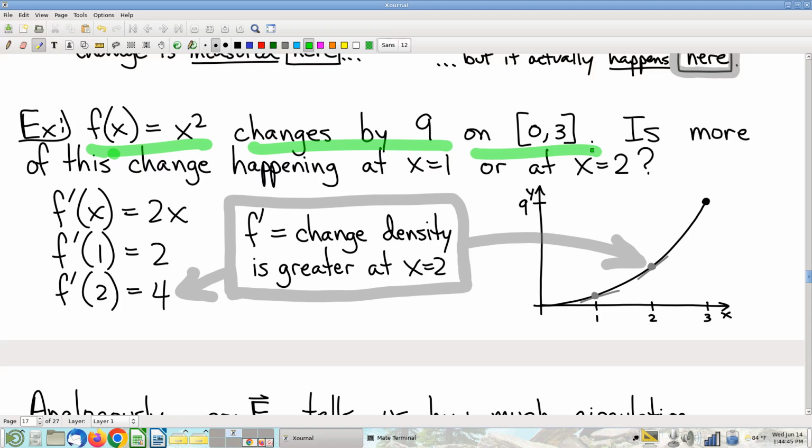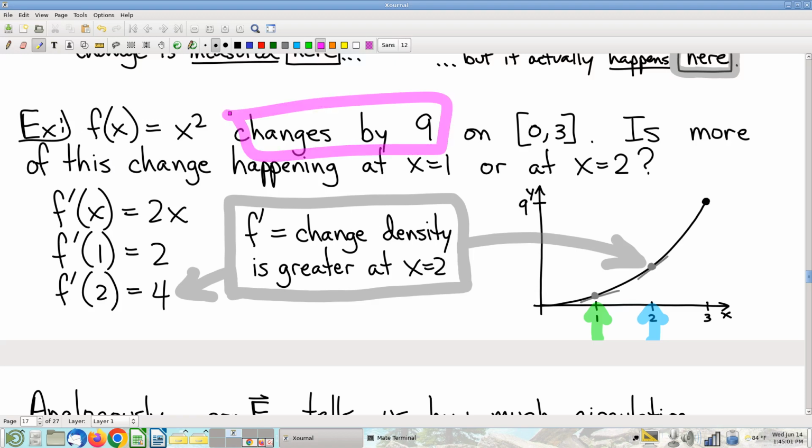Easy arithmetic. Okay, now I'm going to ask, though, between the following 2 points, 1 and 2, is there more of this total amount of change? Is more of it happening at x equals 1, or is more of it happening at x equals 2?